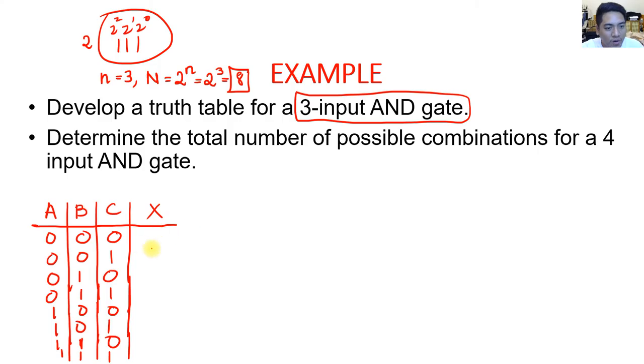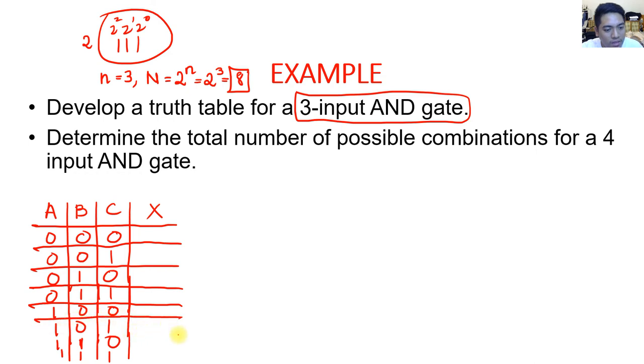So, the output, obviously, for an AND gate, we know that if there is a logic low among the inputs, the output would be low. So, we have 0 times 0 times 0 would be 0. So, you have 0 here, 0, 0, 1. Still 0, because 0 times 0 times 1 is still 0.